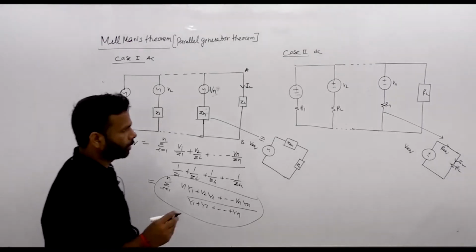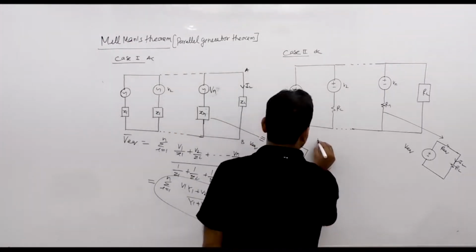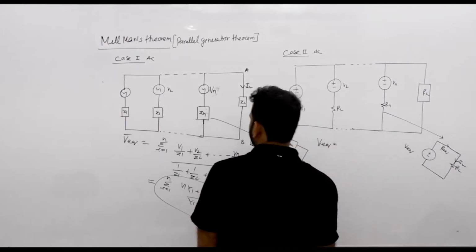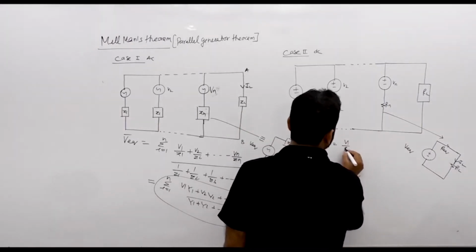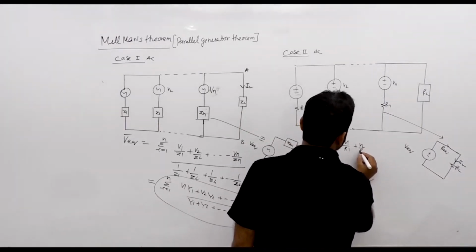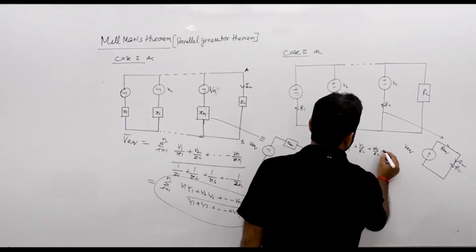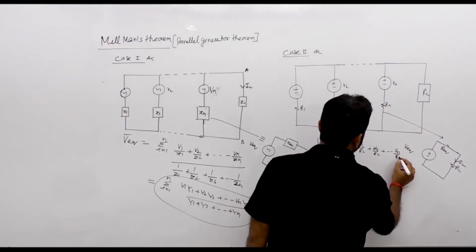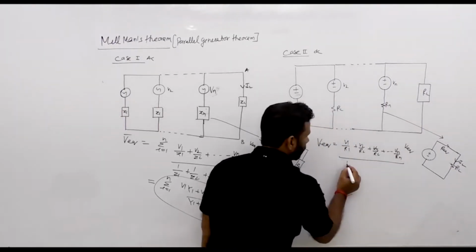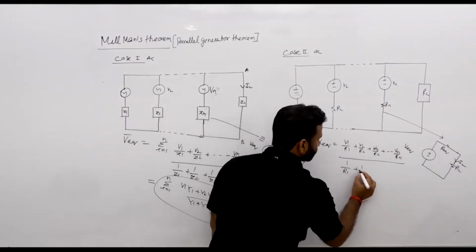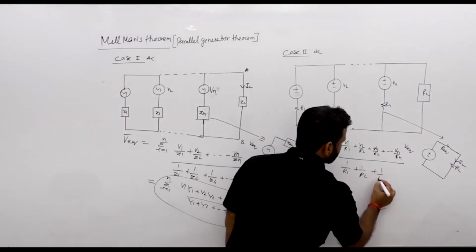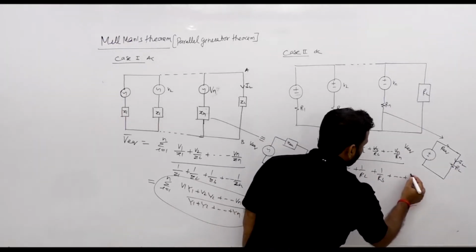So this is the formula of the V equivalent for the AC. Now for the formula for the DC, similarly we can have the V equivalent equals to V1 upon R1 plus V2 upon R2 plus V3 upon R3 plus Vn upon Rn divided by 1 upon R1 plus 1 upon R2 plus 1 upon R3 plus 1 upon Rn.